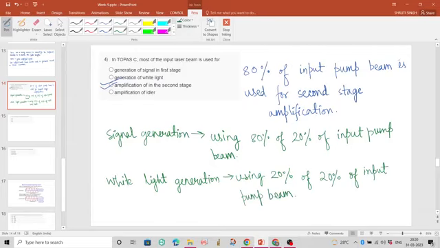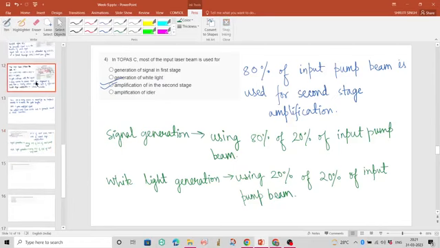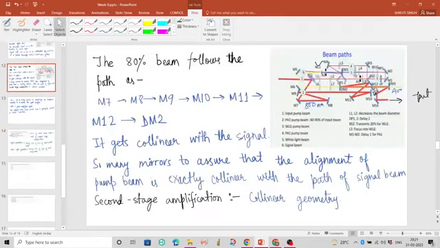Okay, so if you write it in this diagram, here we suppose we give x. Now 80% of x comes this way, and 20% goes here. After beam splitter 2, again 20% goes in this direction.